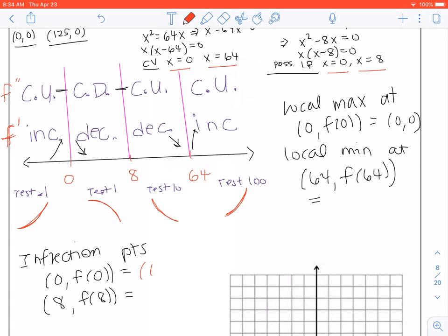And so our inflection points are at 0, 0, and at 8, -48. And our local minimum is occurring at 64, -256. So we have some values in here, and again, I'll underline these so we can easily plot those.